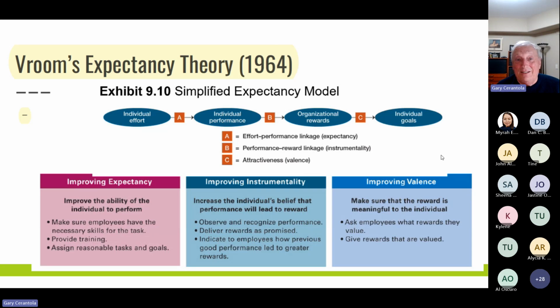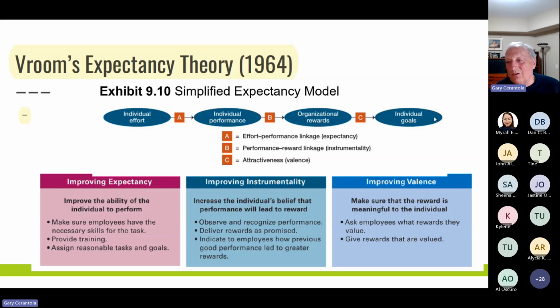And at TELUS, you had to perform, because on the other side of it, if you didn't perform, 18 months later you'd be going out the door, right? So it had sort of a two-way street on that, but that kind of highlights what Vroom's expectancy theory is.